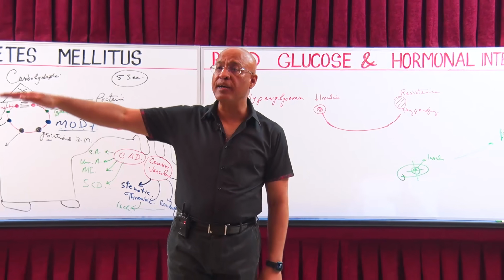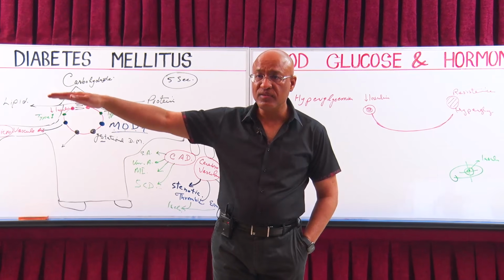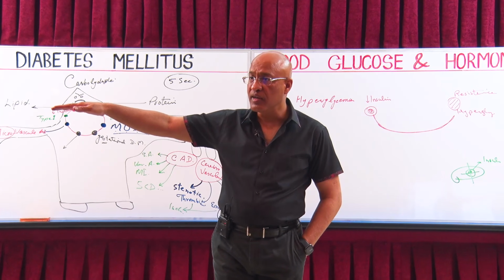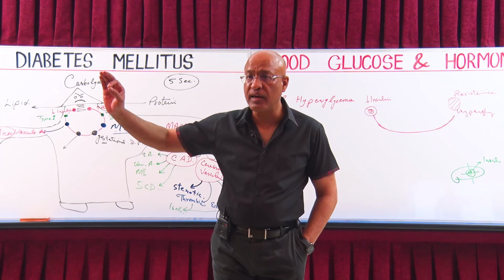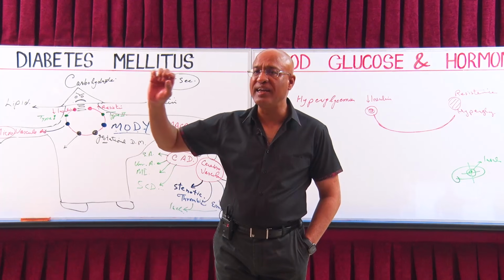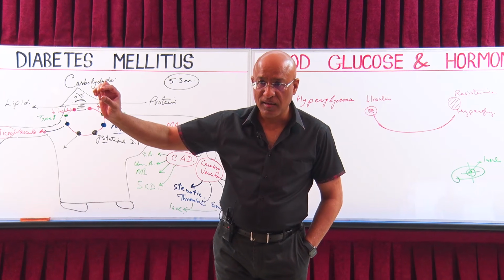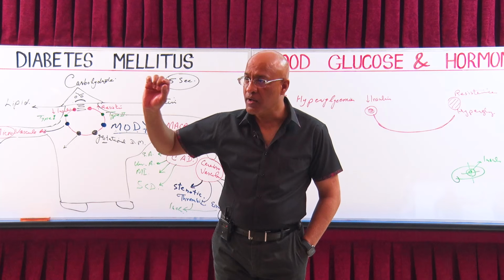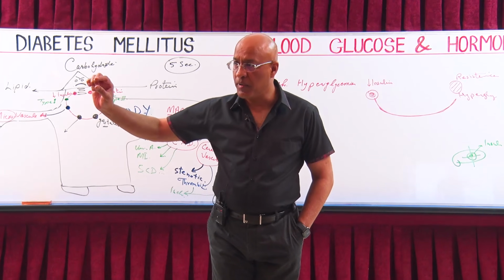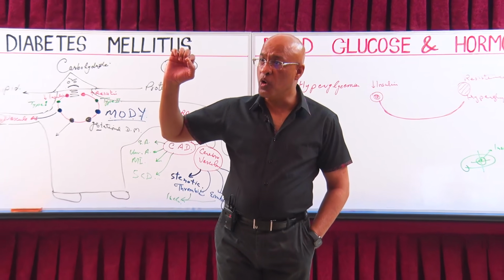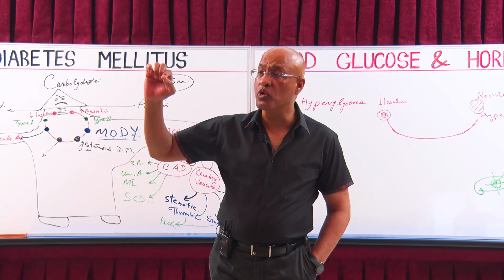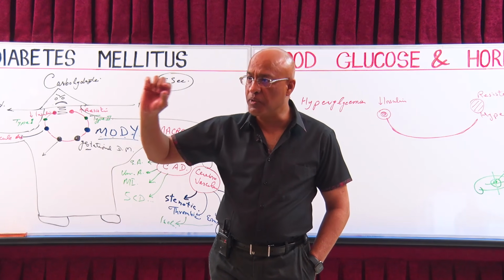But when I say microvascular disease, a very special type of microvascular disease which specially involves the capillaries, the capillary basement membranes become very thick. Capillary basement membranes become very thick because their proteins are altered, because there is non-enzymatic attachment of glucose or glucose products with those basement membranes.